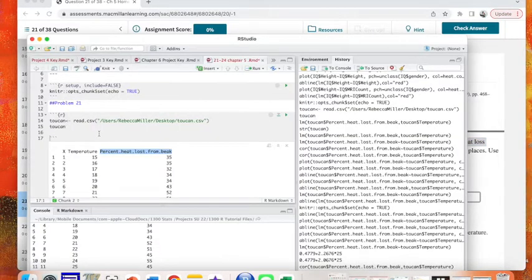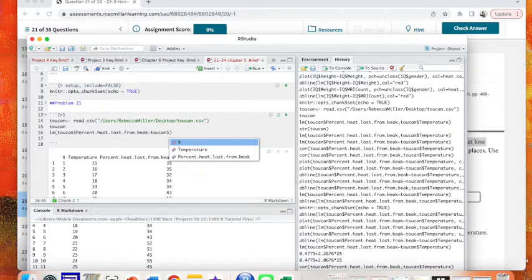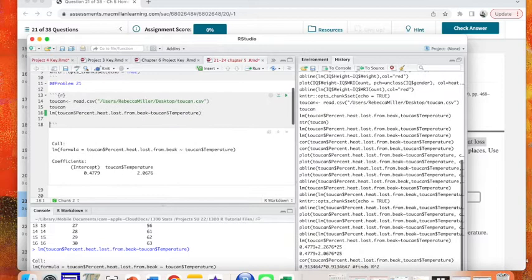So I'm going to use the command lm, which is the linear model command. First thing I want to do is put my y. So that's going to be toucan percent heat loss from beak. I believe it's a tilde. It might be a comma. If this doesn't work, we'll try a comma. Toucan temperature. So we'll go ahead and run that code.